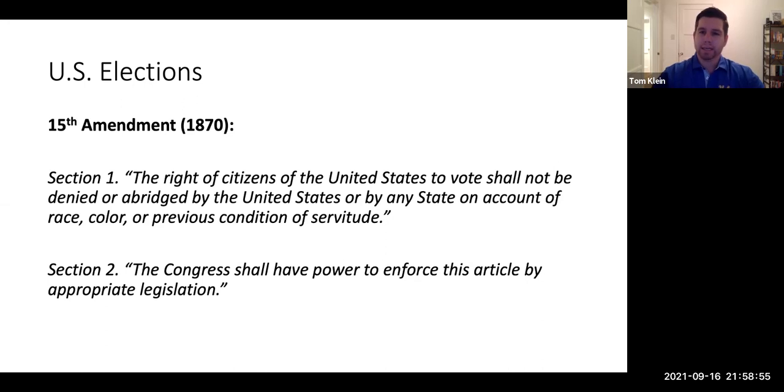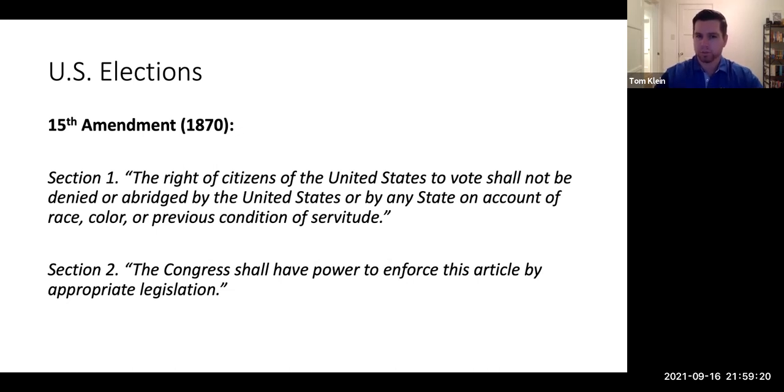So we have the constitutional right to vote in this country in the 15th Amendment, which was ratified in 1870, one of the Civil War amendments. And it reads, "The right of citizens of the United States to vote shall not be denied or abridged by the US or by any state on account of race, color, or previous condition of servitude."